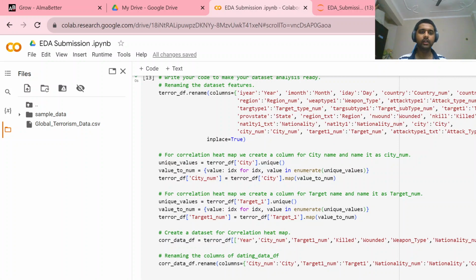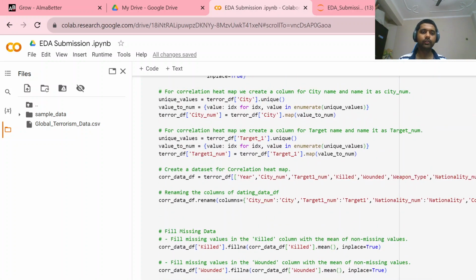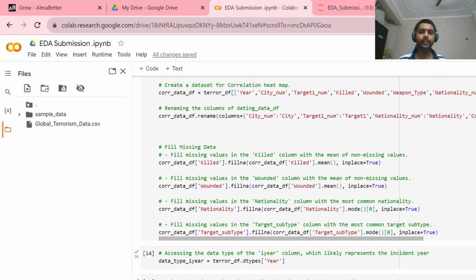For the correlation heat map, we prepare our data here by choosing particular columns. We give it a name, core data df, and do some renaming of it.